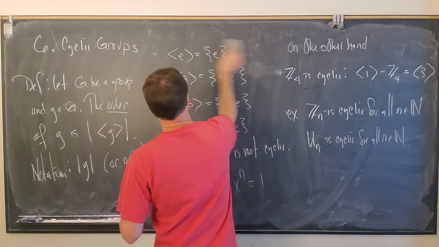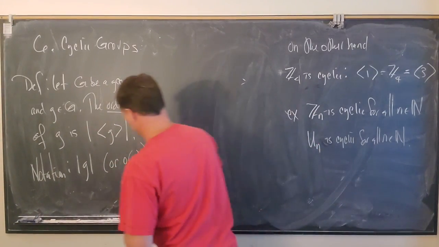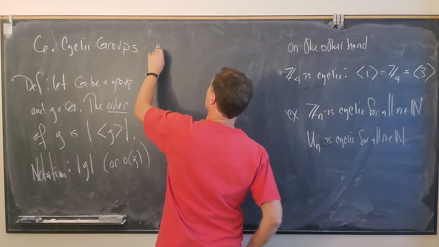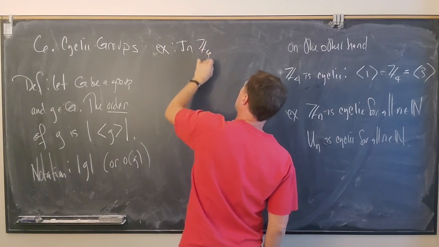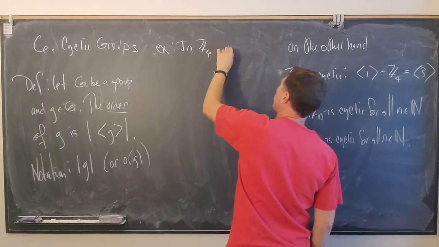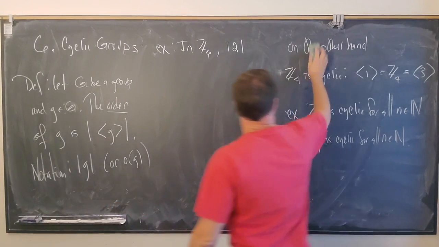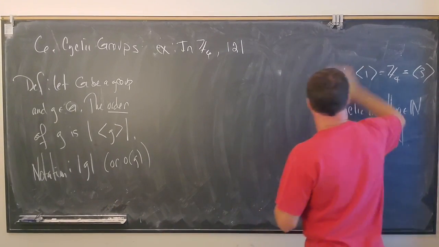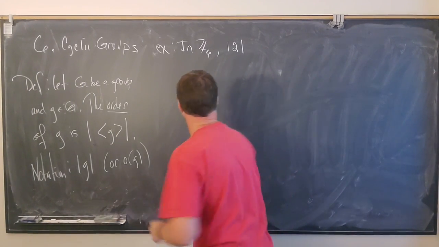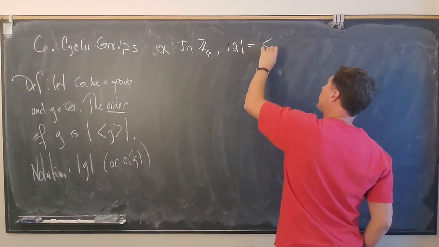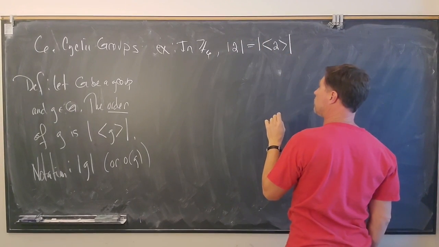So for example, in Z6, let's look at the order of 2. I should do a little bit of work here. I need to look at the cyclic subgroup generated by 2.